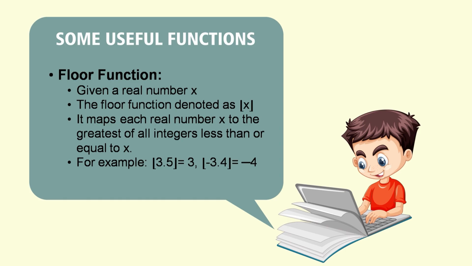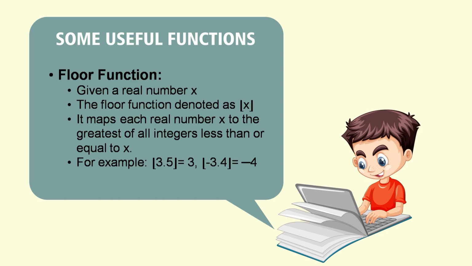Now what does it do? It maps each real number x to the greatest of all integers less than or equal to x. This looks very complex, so look at the examples. Suppose I am looking for the floor of 3.5, it is going to be 3.